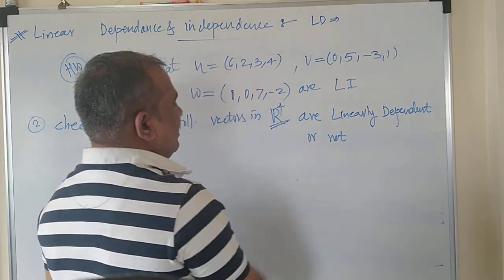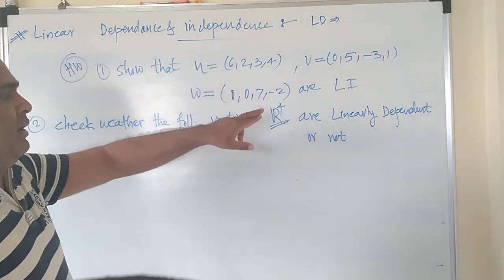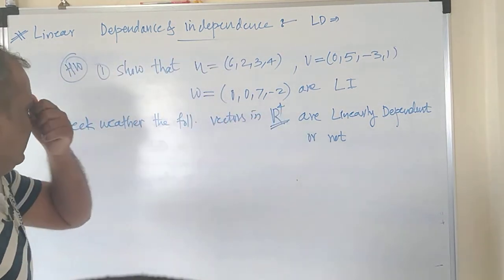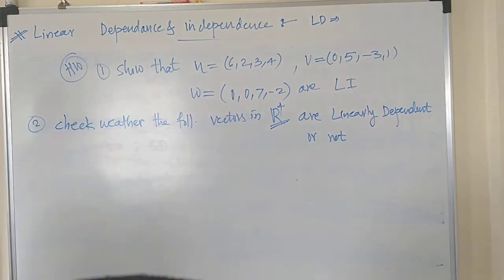What do you mean by R4? R4 means real vector space having 4 different components, just like this.